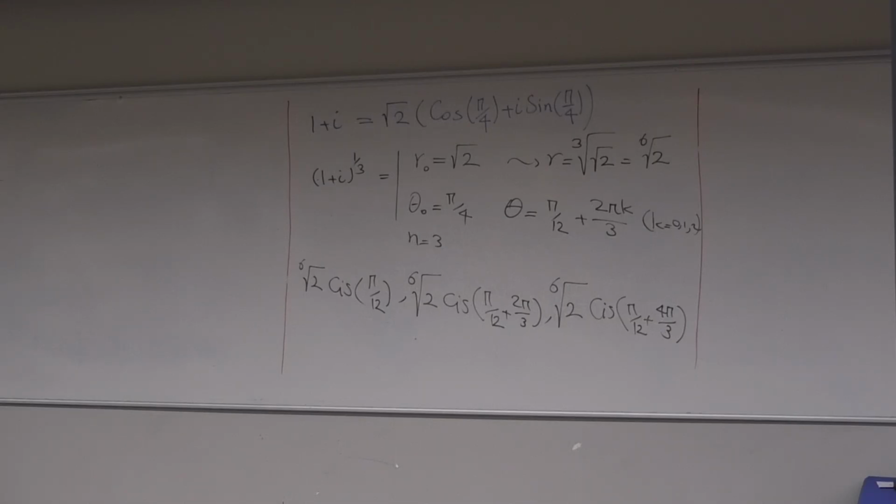Maybe it's going to come here. The other one is going to come here, okay? So we have this kind of a structure. So if we know one of the roots, for finding the other ones, we just need to rotate them, right? This brings us to a very important thing, which is called the nth roots of unity.